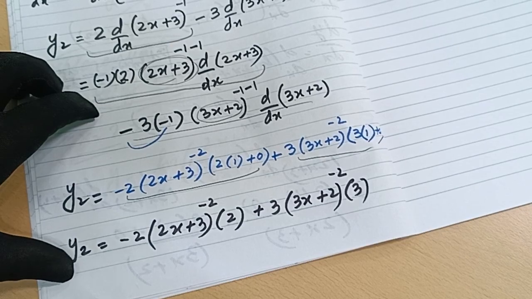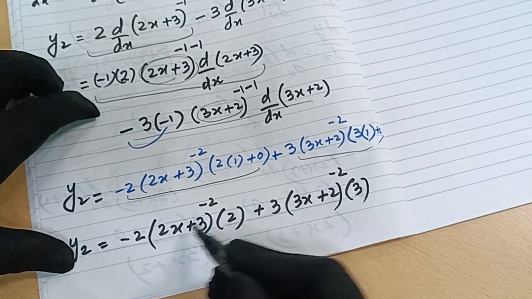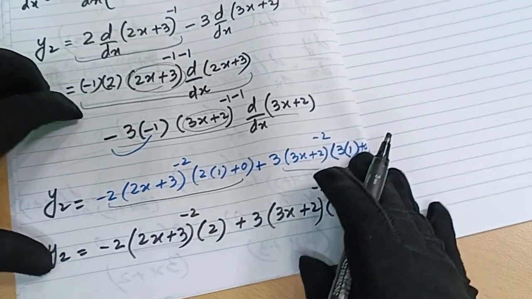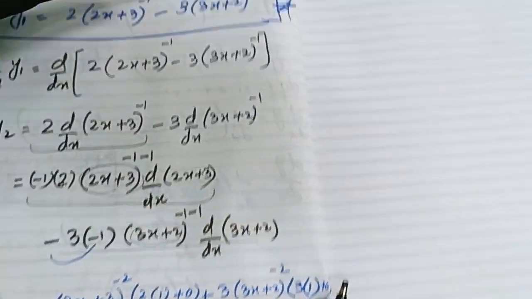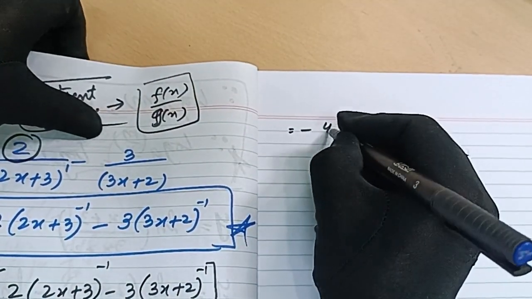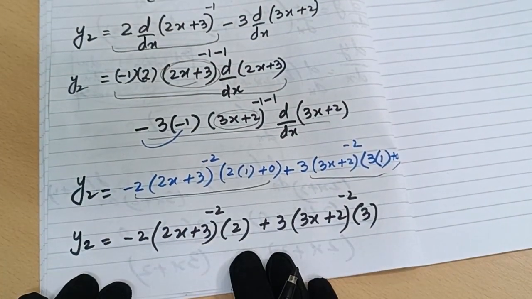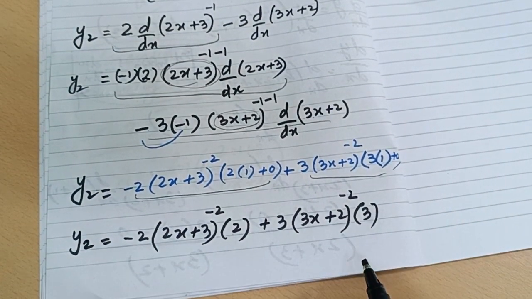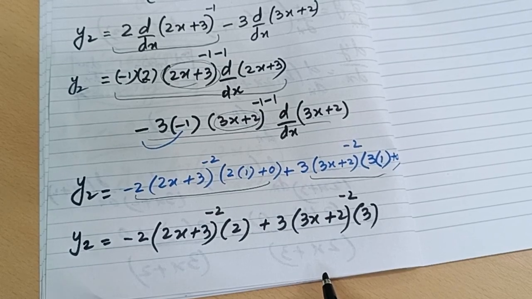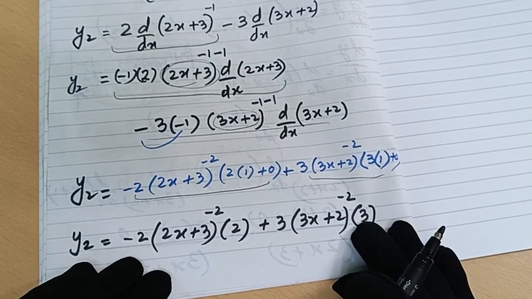Is that okay? Now these two numbers can be multiplied together. Minus 2 twos are 4. So I can write minus 4 and the term. Here on this step, if we have to continue for the third derivative, then we can keep that as it is.